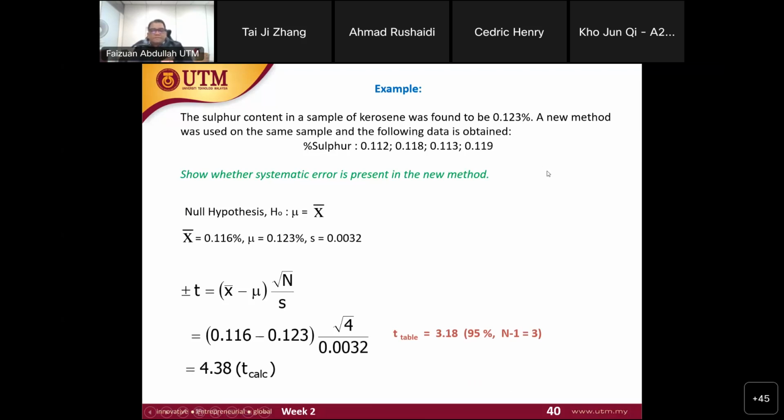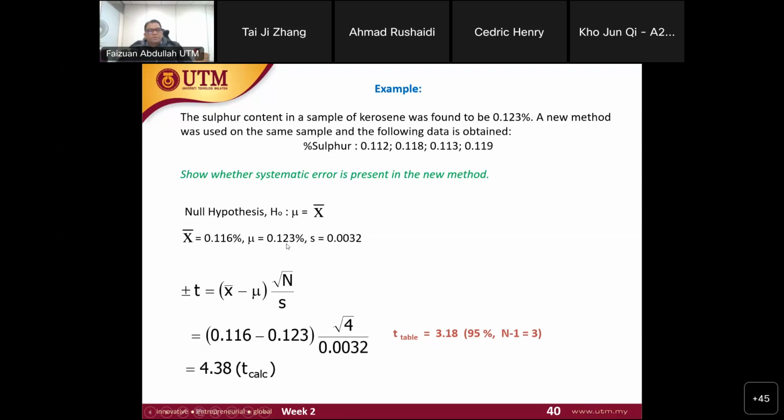A new method was used to analyze the sample and got this series of data. So we want to know whether this new method has an error or not. So whether systematic error is present in the new method, the null hypothesis is mu equals x. So x, you just calculate the mean. The mu is the true value. X is the mean.